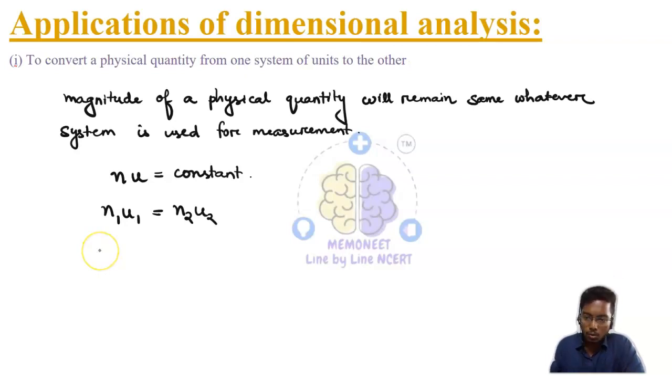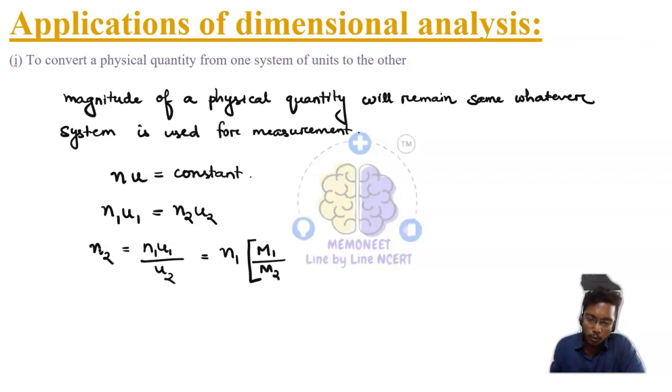If we have to find N2, then N2 is equal to N1 U1 upon U2. Also we can write that N2 is equal to N1 into M1 upon M2 to the power A, into L1 upon L2 to the power B, into T1 upon T2 to the power C.